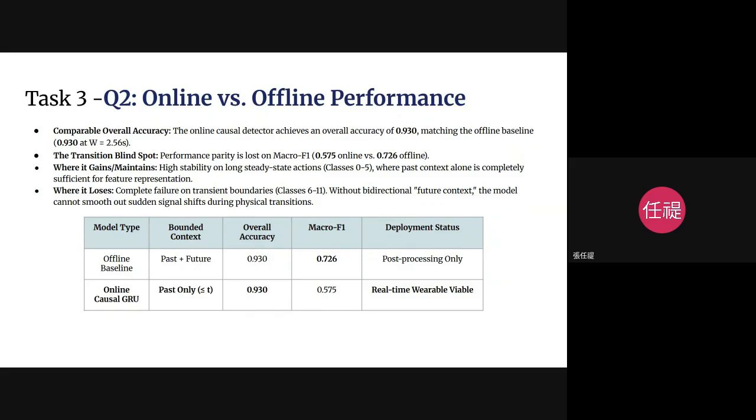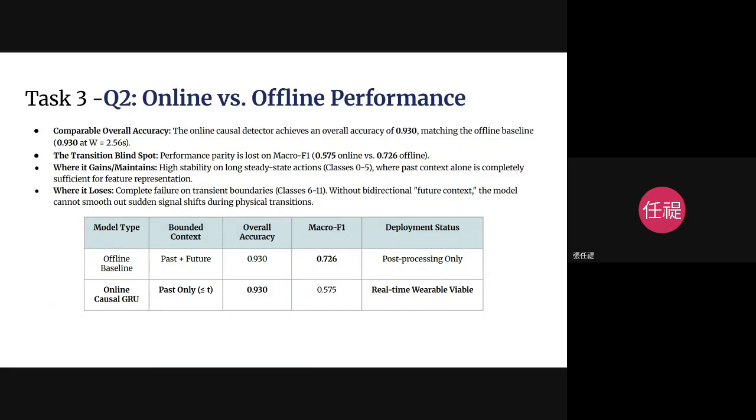Question 2 asks whether the online detector can match the offline classifier. The short answer is yes on overall accuracy, but no on macro F1. Both models achieved 93% overall accuracy. The online model maintains high performance on steady state activities like walking or lying down because past history is enough to capture these patterns.